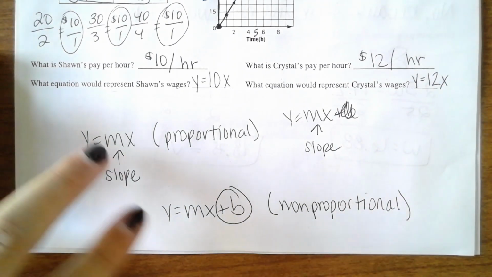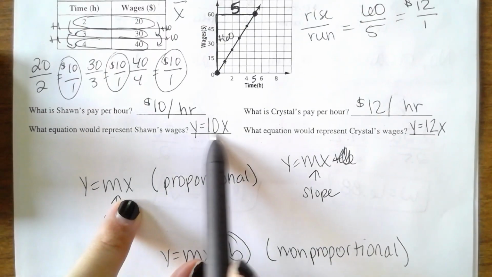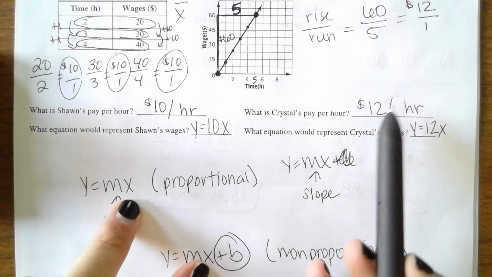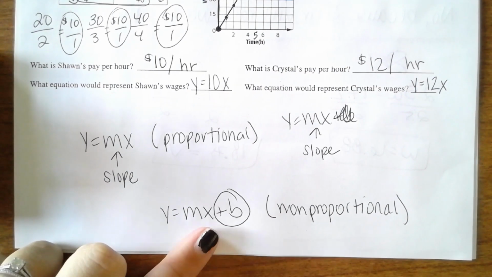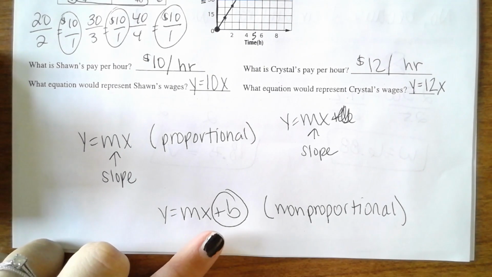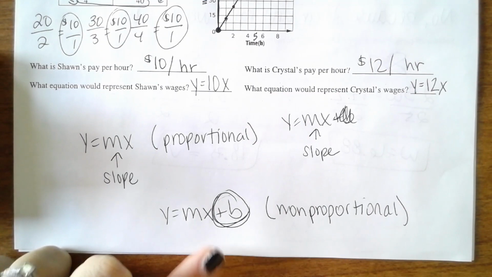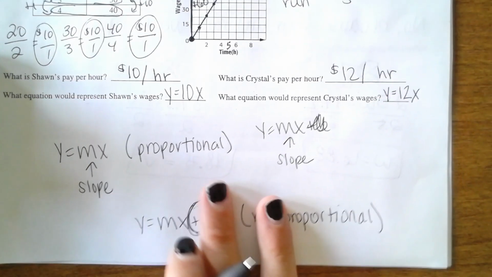So just deciphering our two different equations. Again, your y equals mx that you are used to, that you found from your direct variation, is going to be a proportional equation. But the slope-intercept form equation is actually y equals mx plus b. But this plus b part or minus b part would make it non-proportional. So let me give you a couple of examples.